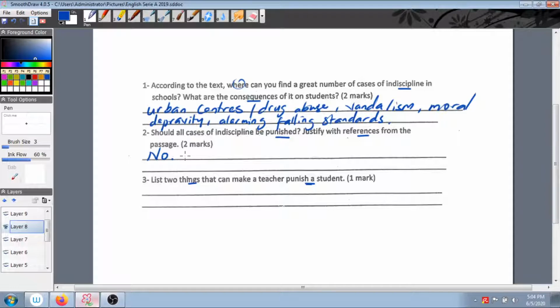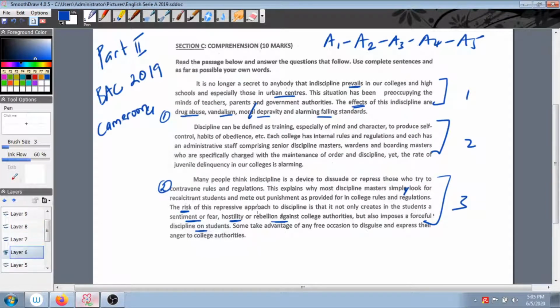So there is a feeling of fear, there is hostility, forceful discipline. We said sentiment of fear, hostility, or rebellion against. Oh, I didn't write rebellion against college authorities. So yeah, you just add it to the answer. So my guess was correct.